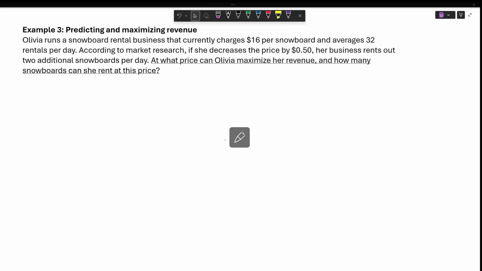Now in this case, I should mention that we're going to remember revenue is equal to the price you sell it at times the quantity that you sell. And in this question, we're not going to take into account the cost of each item, but you can imagine that real businesses would.